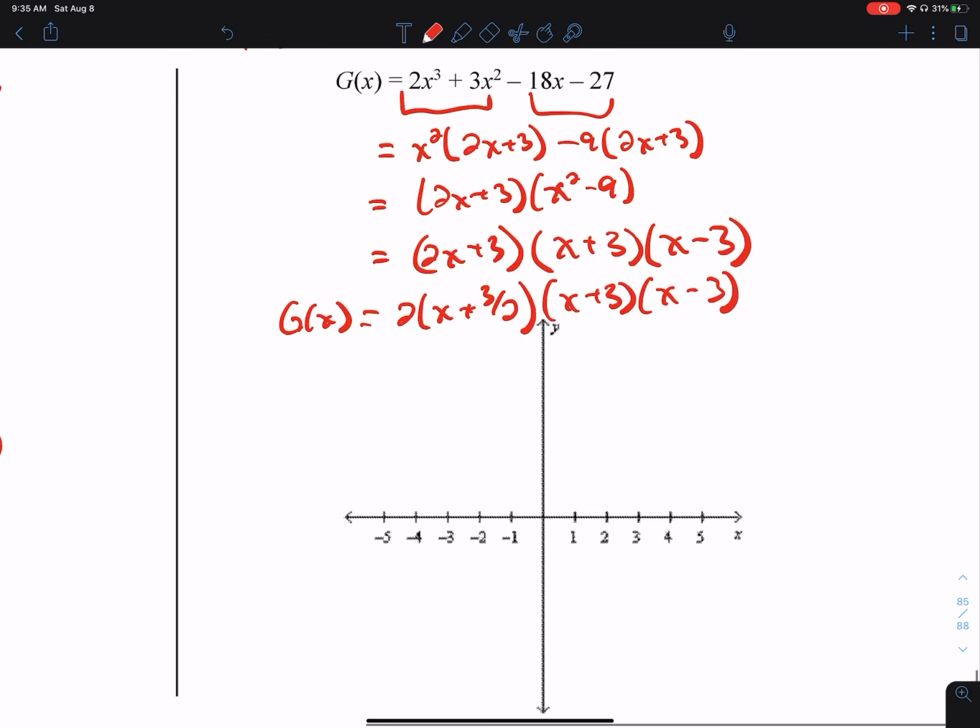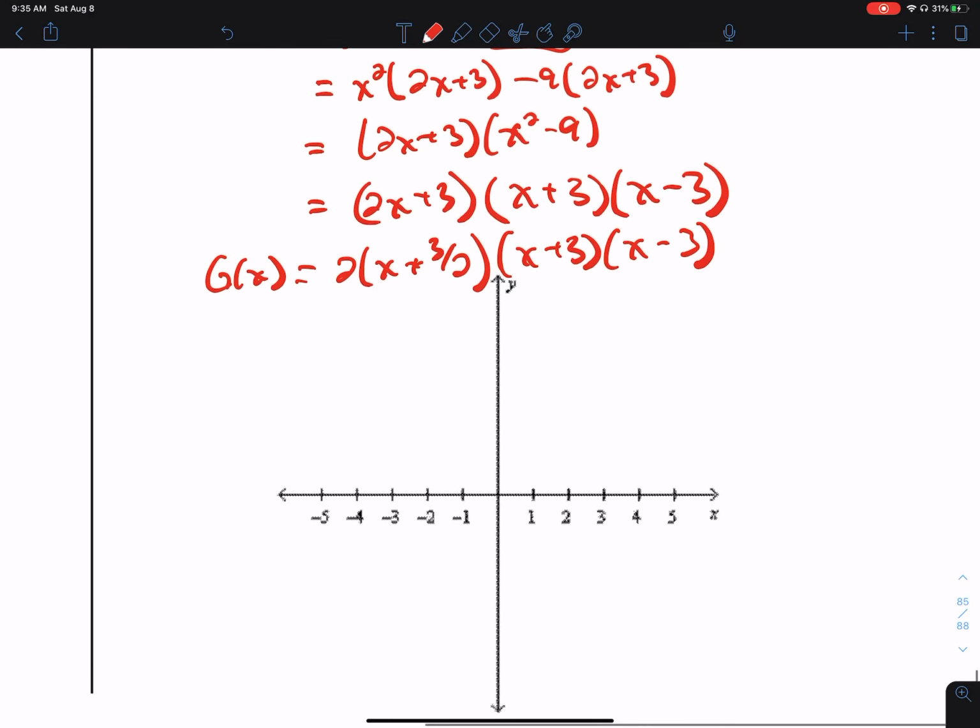So let's put these zeros on here. Negative 3/2 would be like negative 1.5. When I say like, I mean exactly. This is odd, of 1, so it crosses. x plus 3 is a factor, therefore negative 3.